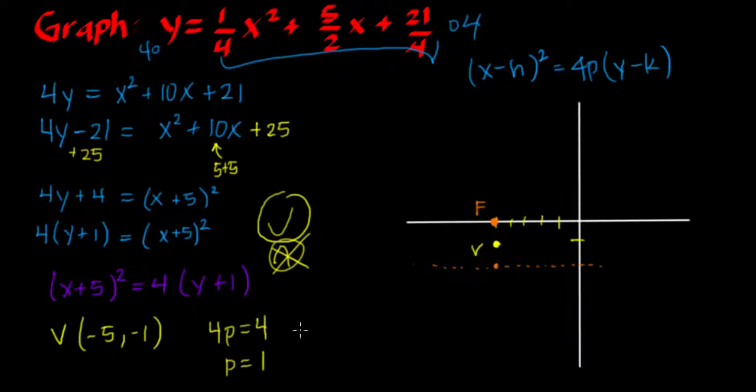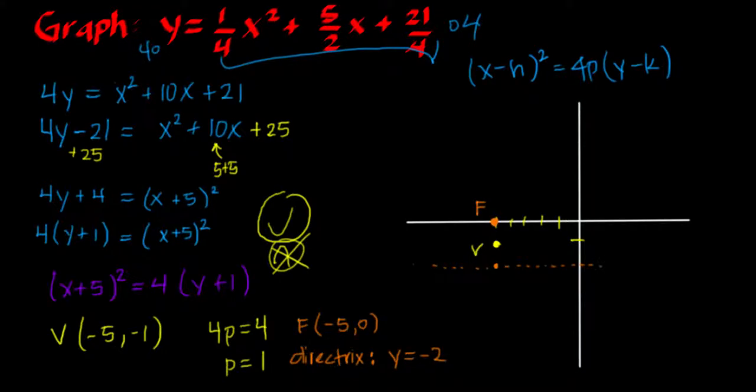My vertex is at (-5, -1). My focus is 1 above that, so it's going to be at (-5, 0). And if you count, it looks like it's at (-5, 0). My directrix is going to be at y equals 1 below the vertex, so -2. And if you count 1, 2, it looks like the directrix is at -2.